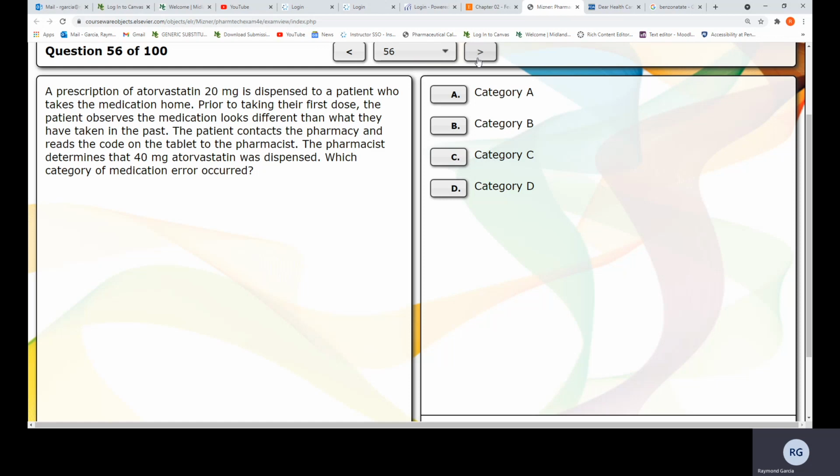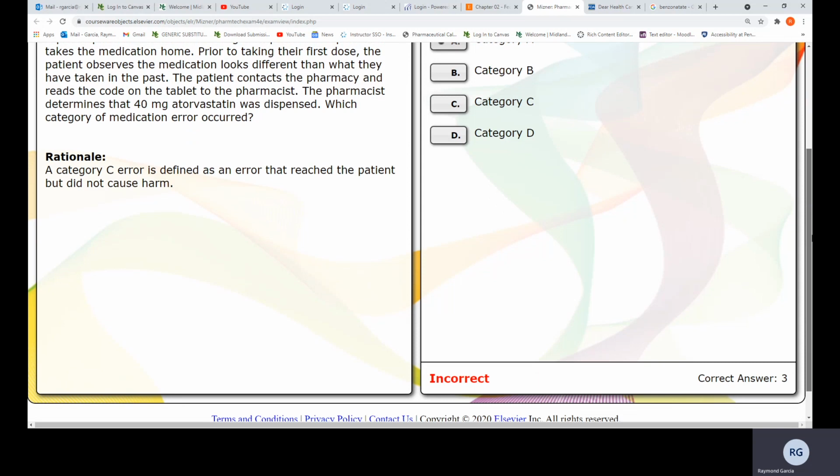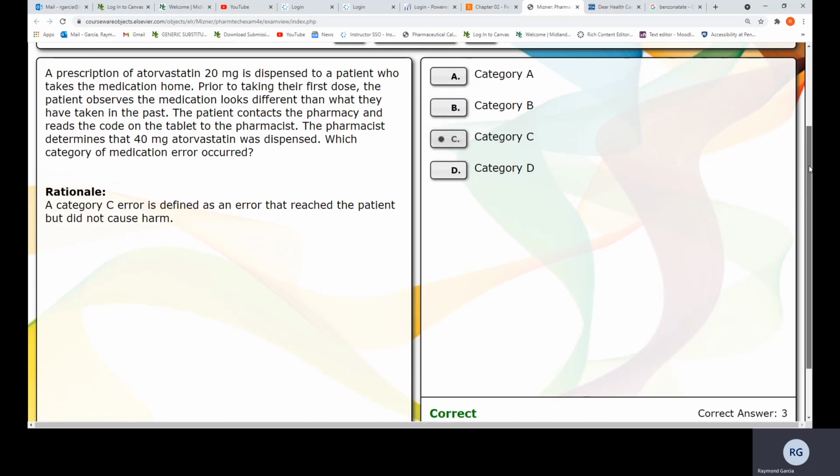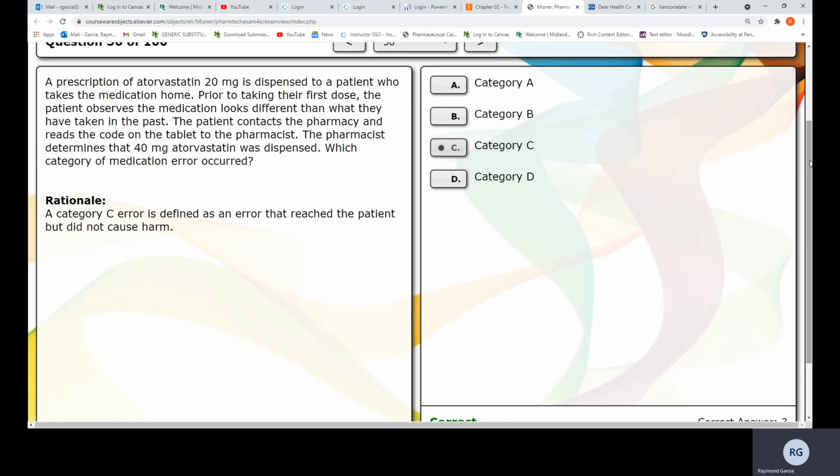Anyway, let's look at category C error, defined as an error that reached the patient but did not cause harm. But again, you can find these in the MERP program.